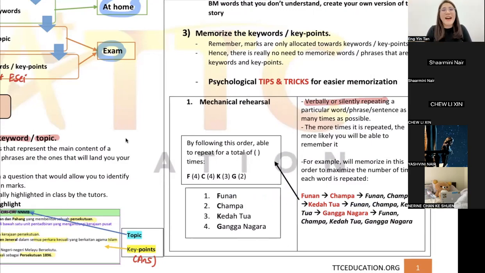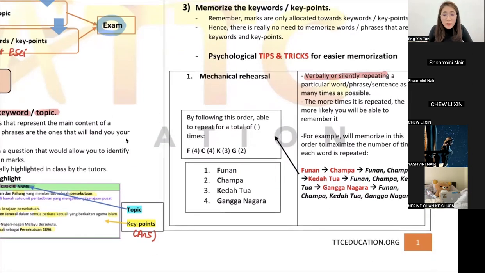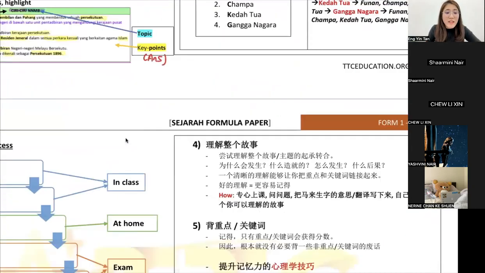So weird, man. No, I don't do that. But normally I do it with the lower form classes, and it really works, because it strengthens your memory. You can try this at home, or you can try repeating the keywords silently. It strengthens your memory.